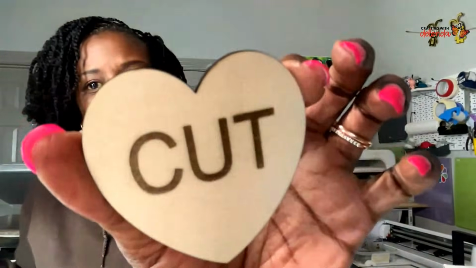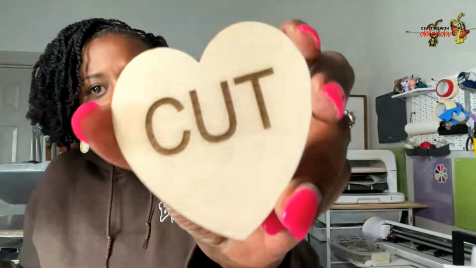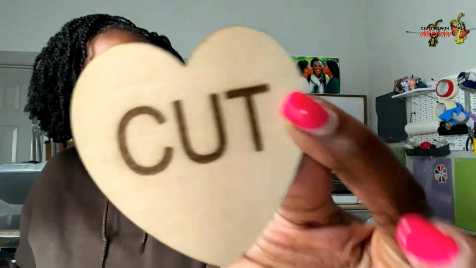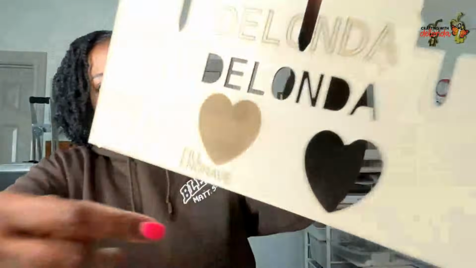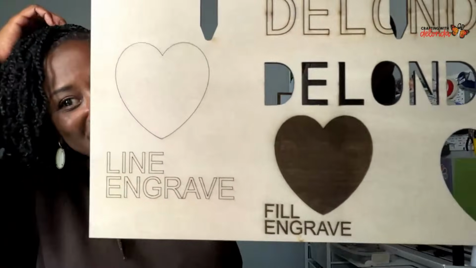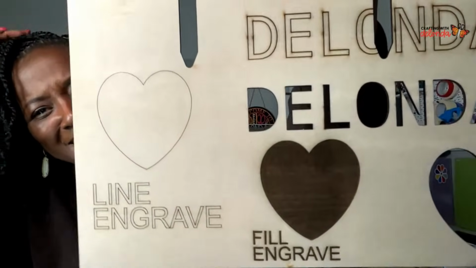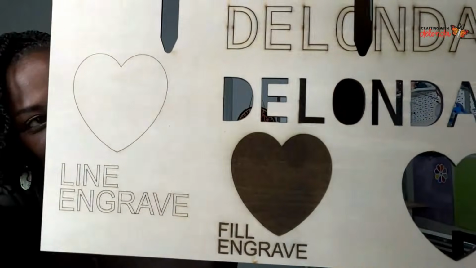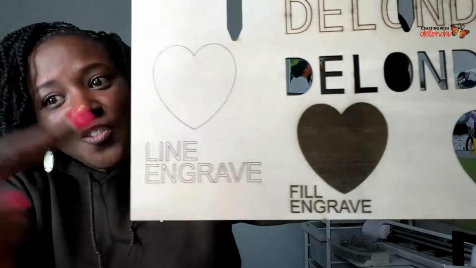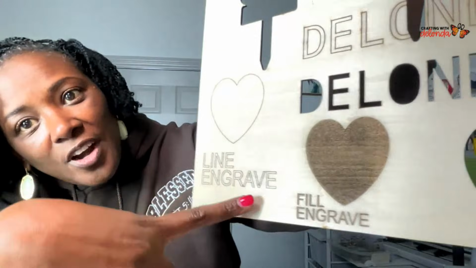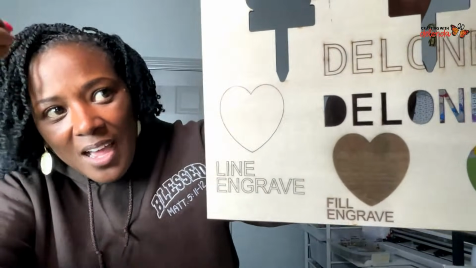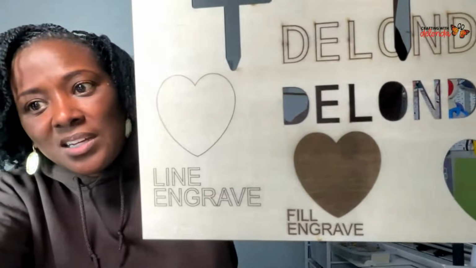See that? So there's the cut. See that? Then here's the fill engrave, and there's line engrave. You'd be bored out of your wits, trust me. So you see the difference between fill engrave and line engrave. Fill fills in the shape. The line just gives you basically an outline.